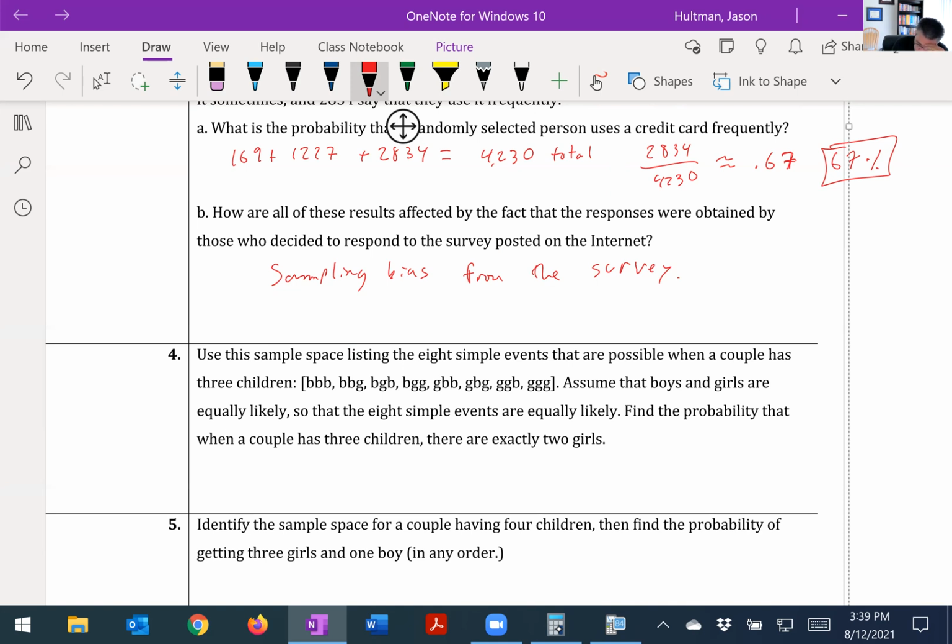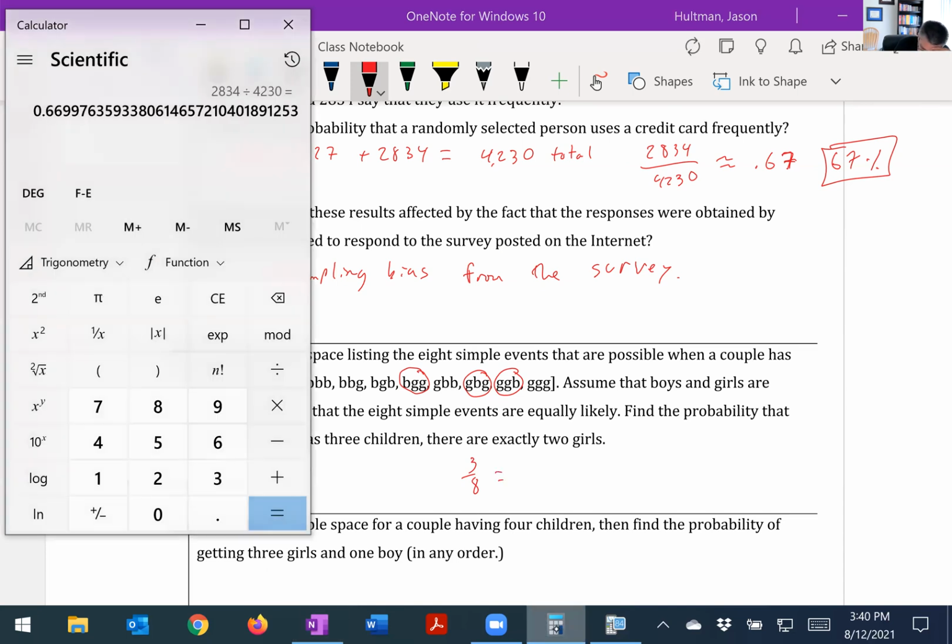Find the probability that when the couple has 3 children, there are exactly 2 girls. Okay, so which ones have exactly 2 girls here? 1, 2, 3, and it looks like that's it. Exactly 1, 2, 3, right? So we're going to say that's 3 out of 8 possible outcomes, 3 desired outcomes out of 8 possible outcomes.